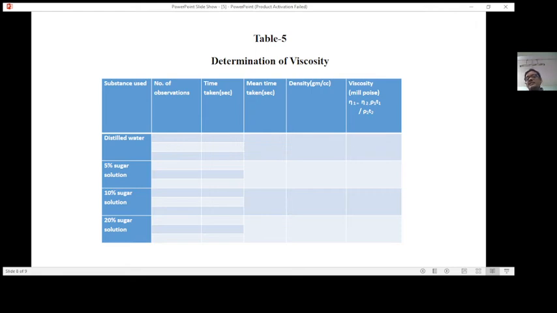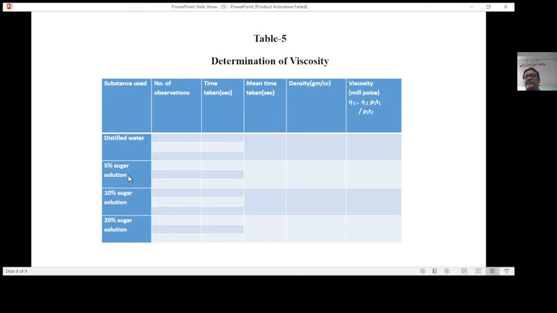So you have to cleanse it with a small amount, 1 to 2 cc, of 5% solution and remove this solution from the viscometer. Otherwise, the 5% solution concentration will be changed by 0.5%, that is, we will not get the exact 5% solution.